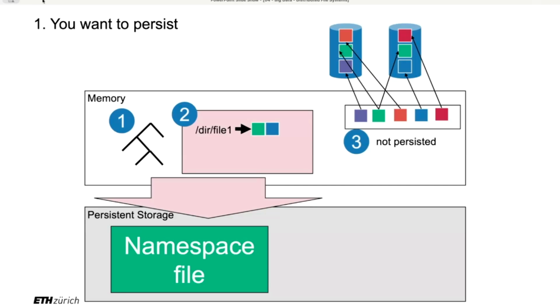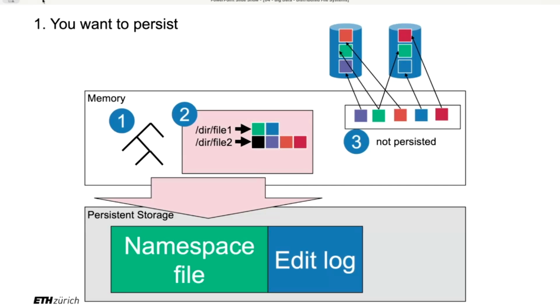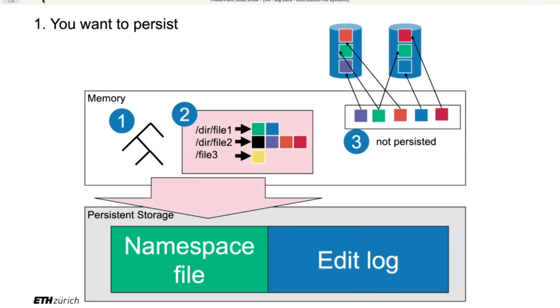So we back them up to a namespace file, and then when people continue to use the system, instead of modifying the namespace file, we just keep a journal. Oh, we created that file, we created that, but it's just a journal that has a sequence of updates and that grows over time as HDFS is being used, right?